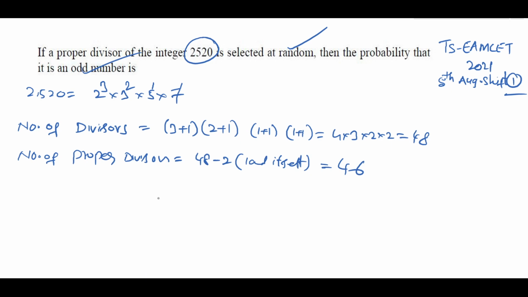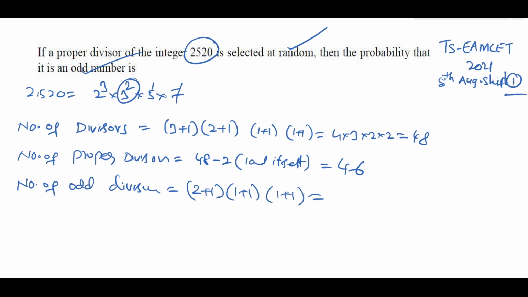Now the number of odd divisors is equal to, 3 square is written as 2 plus 1, and 5 power 1 is 1 plus 1, 7 power 1 is 1 plus 1, that is equal to 3 into 2 into 2, that is 12.